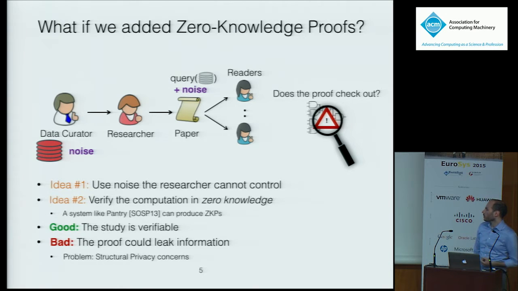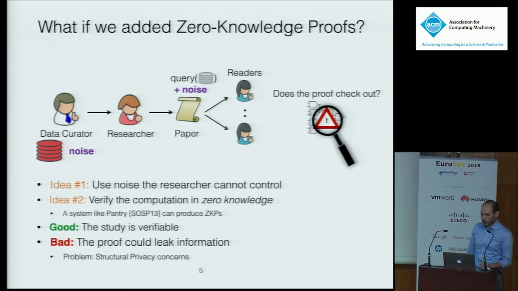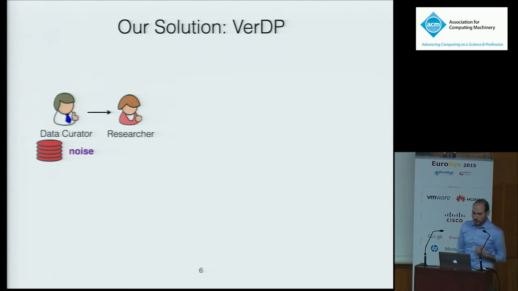We call this problem structural privacy, and in what follows, we will see how we dealt with this problem. So this brings us to our approach, which is to build a new data analytics tool that produces verifiable results and provides strong privacy guarantees.